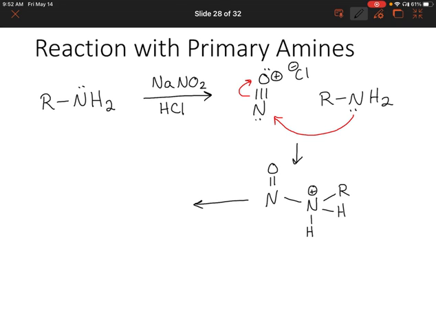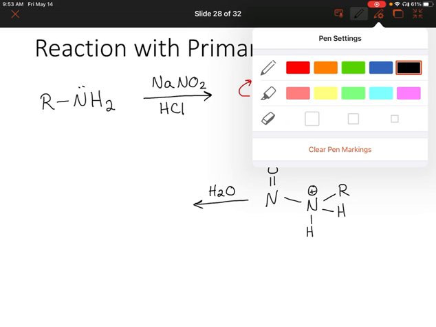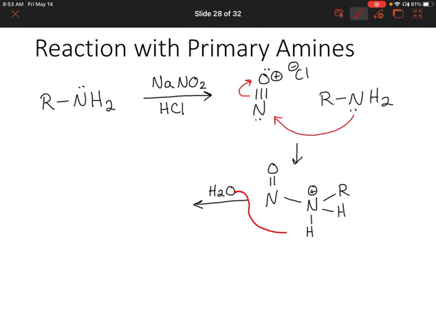So next, remember that when we form the nitrosonium ion, we do also produce water. So the water molecule that is lost as a byproduct can actually deprotonate the positively charged nitrogen. Okay, so now in the next step, we're going to see yet another reaction with acid.